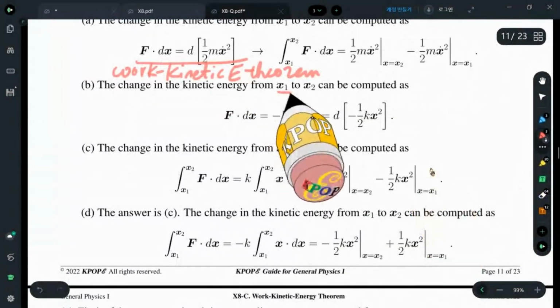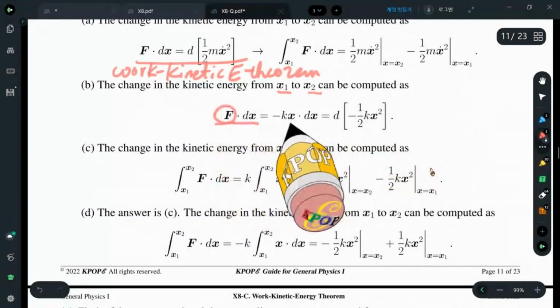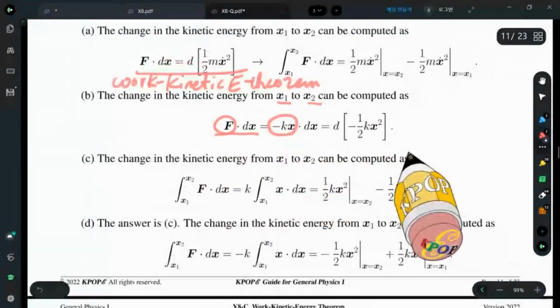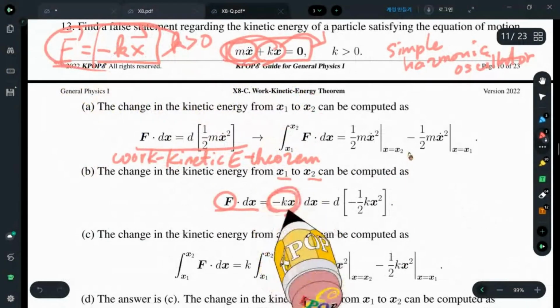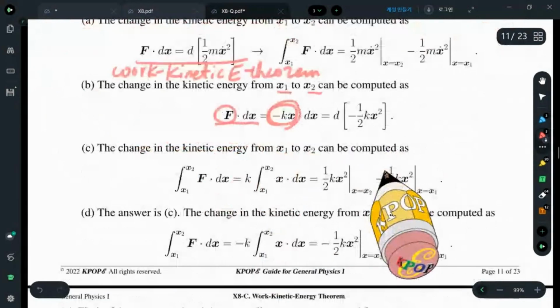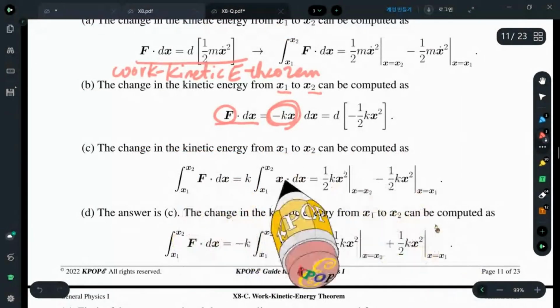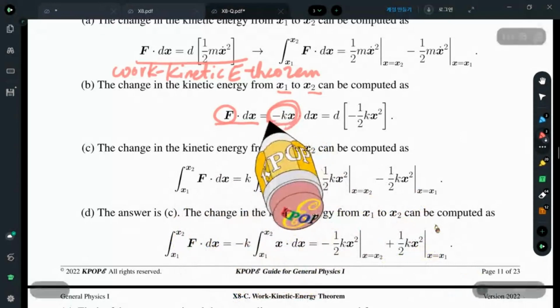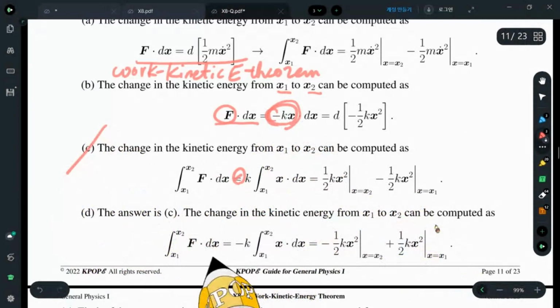The change in kinetic energy from x1 to x2 can be computed with F dx, and F equals minus kx is substituted because this indicates the force is minus kx. All right. The third one, this one is minus kx. The minus is missing. This one is wrong.